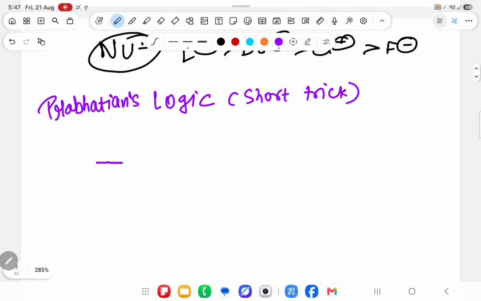Suppose you go from left to right in the periodic table, and you go from top to bottom in the periodic table.